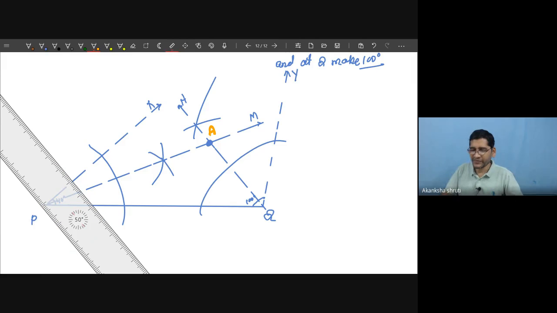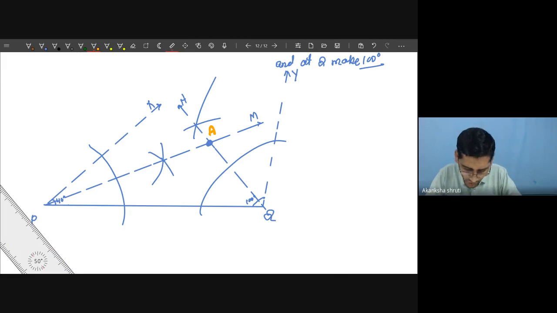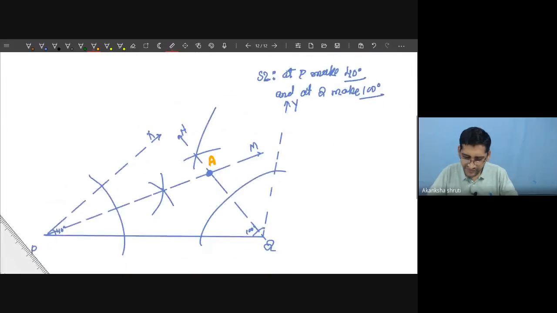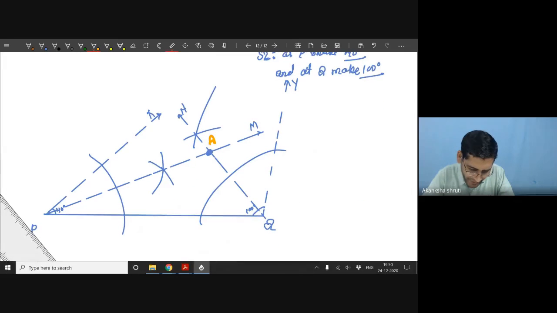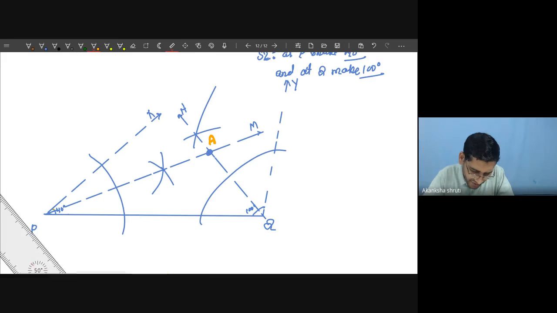How to determine? Student, for that again we have to make an equal angle at this point. See, for determining B, from point P we have the 20 degree. So make 20 degree with this line and observe where it is cutting.